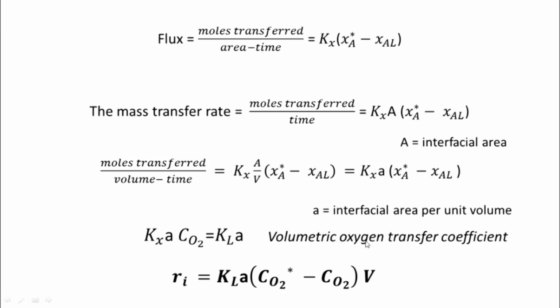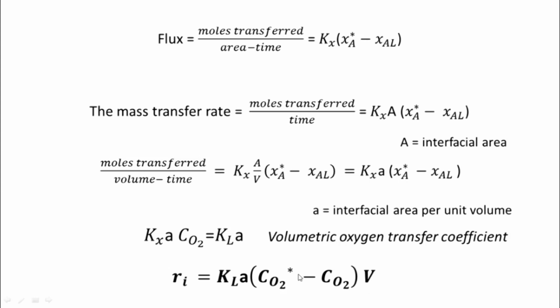So, the rate of input we have derived to be KLa times (C_O2 star minus C_O2). This is on a volumetric basis, so we need to multiply it by the volume of our system to get it on a mass basis: KLa (C_O2 star minus C_O2) times V.